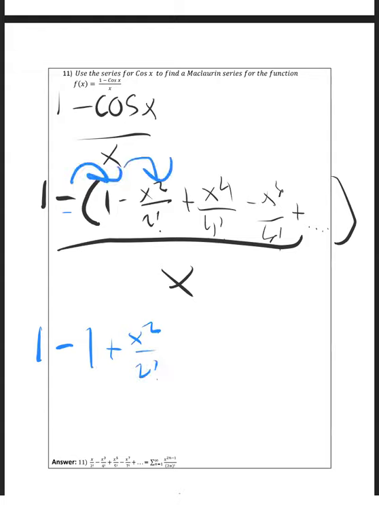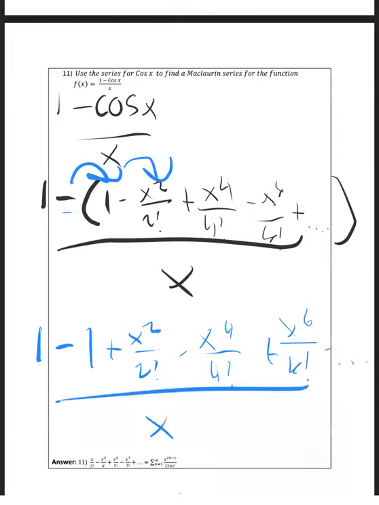Minus x to the 4th over 4 factorial plus x to the 6th over 6 factorial minus dot dot dot, and this is all over x. 1 minus 1 is 0. So now we can just assume it with this series.